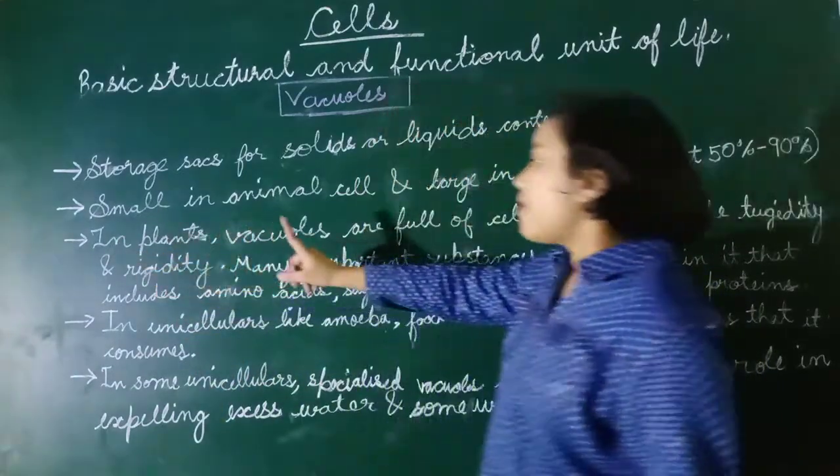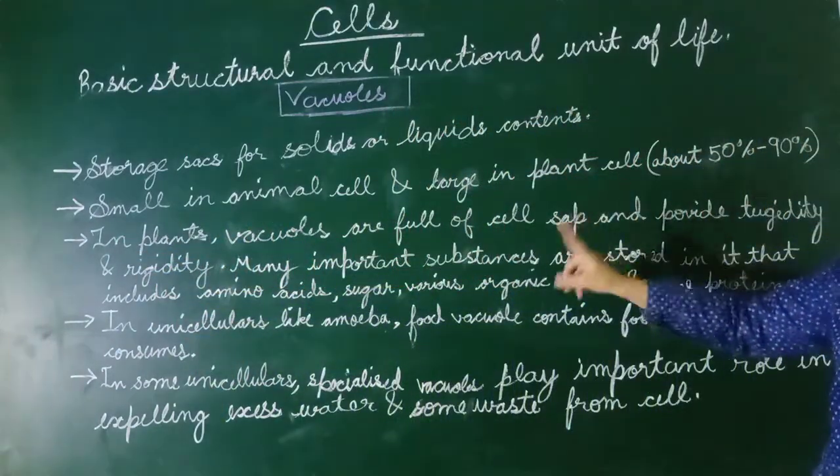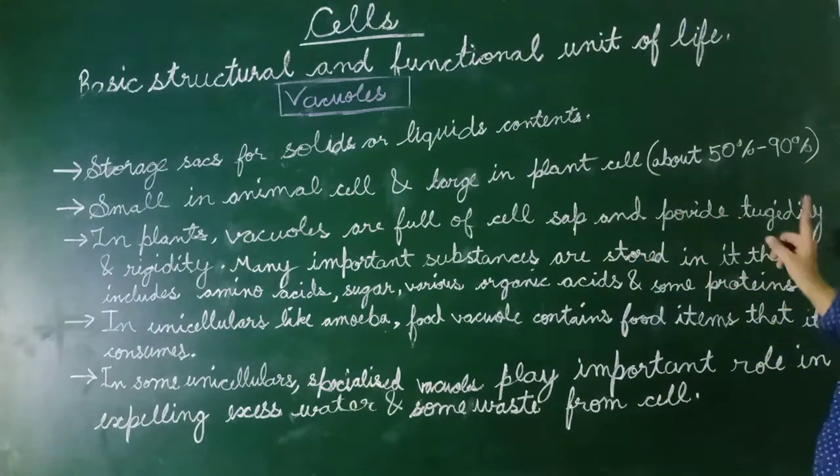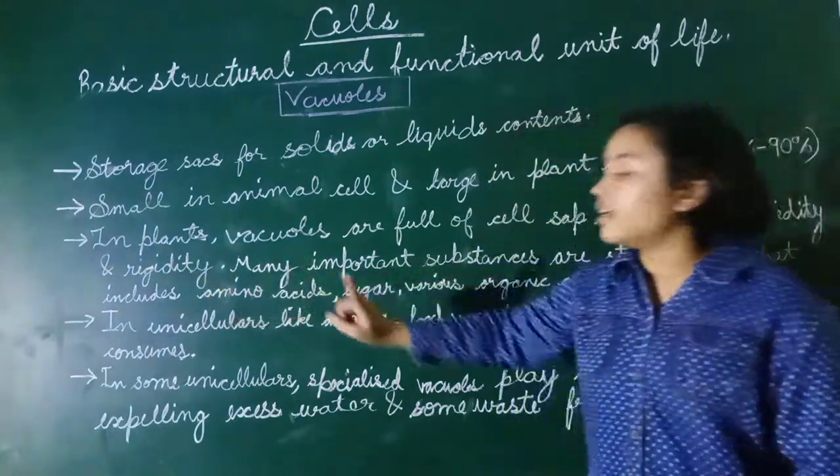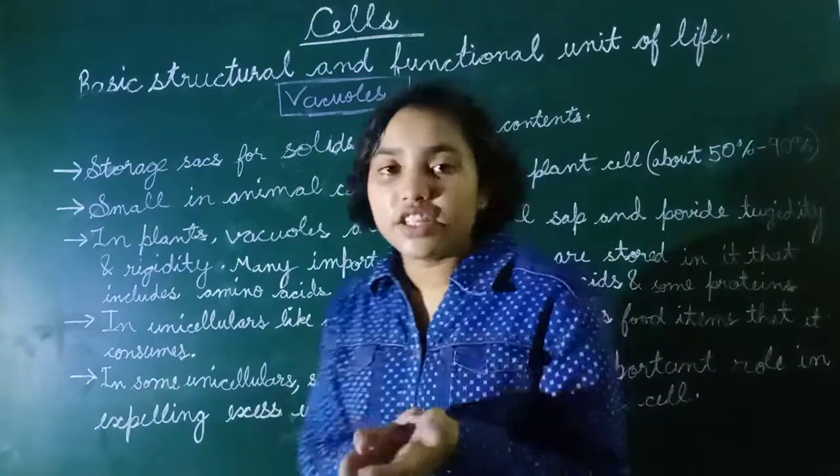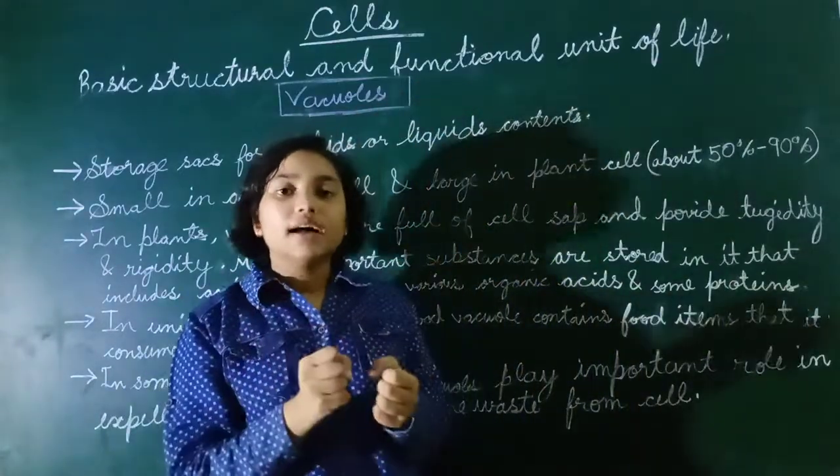In plants, vacuoles are full of cell sap and provide turgidity and rigidity, which means strength to the plant.